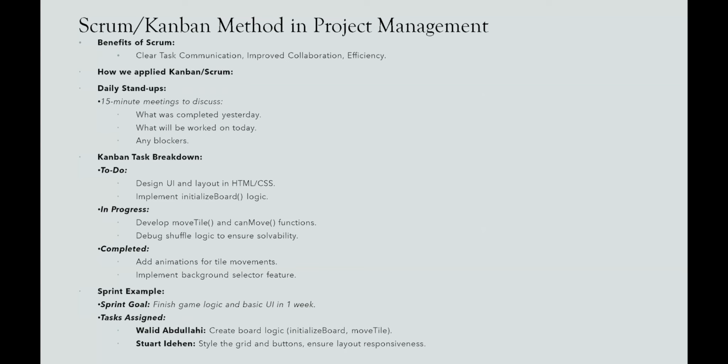Completed: adding animations for tile movements and implementing the background selector feature. For a sprint example, we had finish game logic and basic user interface in 1 week as a sprint goal. Tasks were assigned to me and Stuart Idenham, where we create board logic, initialize board, move tile, and style the grid and buttons, ensuring layout responsiveness.